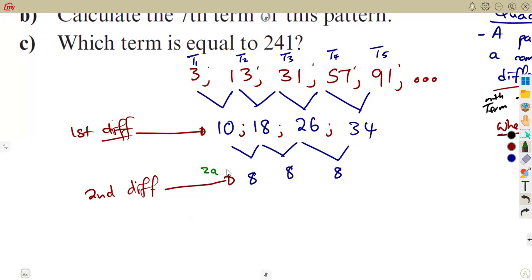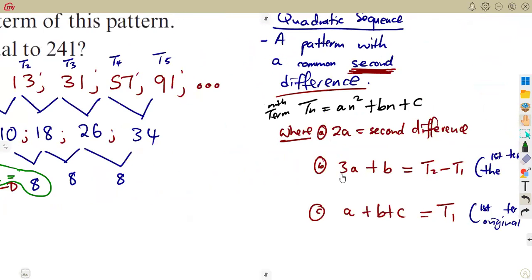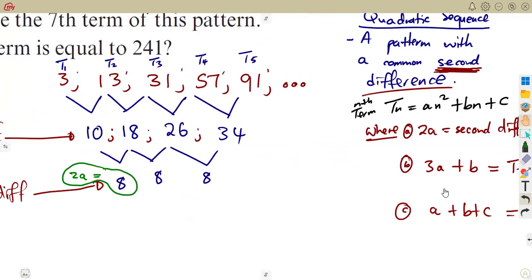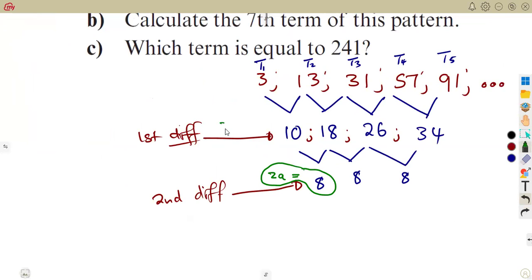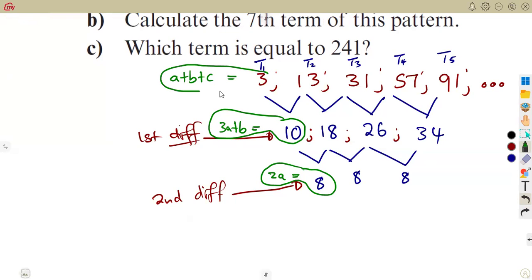Then we move on: 3a plus b, which is T2 minus T1, will be equal to the first term of the first differences. Then a plus b plus c will be equal to T1. That is how you take it.